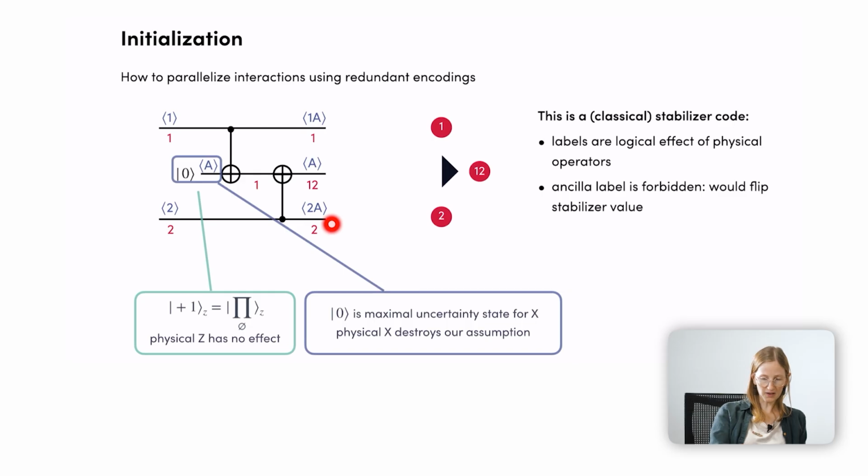And even if I, from here, want to find out an allowed X operator in the stabilizer code, so some kind of operator that does not flip the stabilizer value, well, then I can just try and combine some of these qubits until I don't get this A anymore. This view on the flow labels really gives a good way to interpret any circuit which has auxiliaries, because we can always put the auxiliaries here.